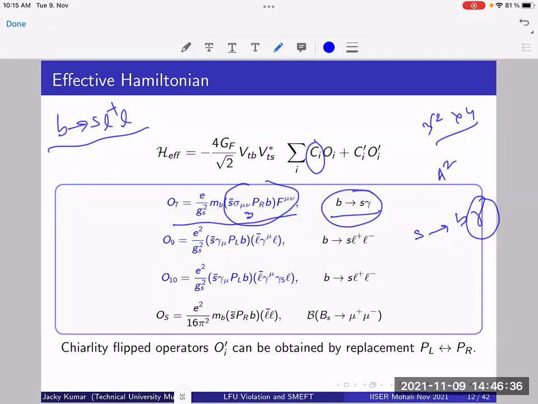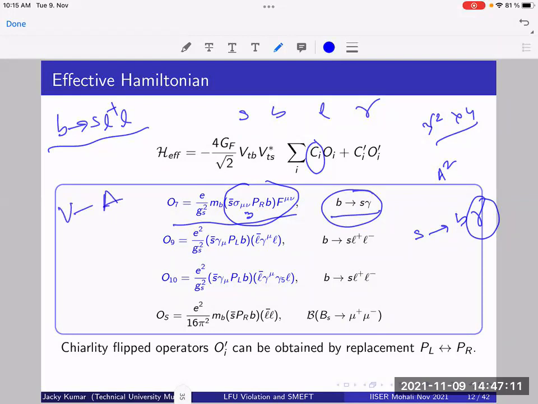You take S, B, L, or photon, all the fields of your low energy theory, and combine them in all possible ways so that they satisfy Lorentz symmetry and QCD symmetry. In the case of the V minus A structure, we have a 1 minus gamma 5 structure. V minus A means basically vector minus axial vector.